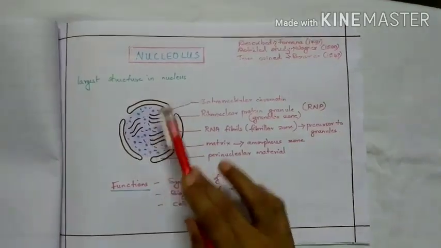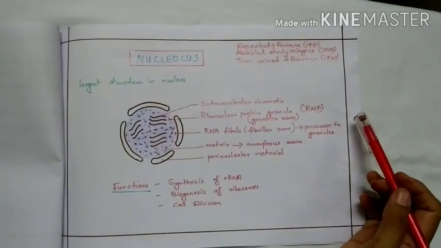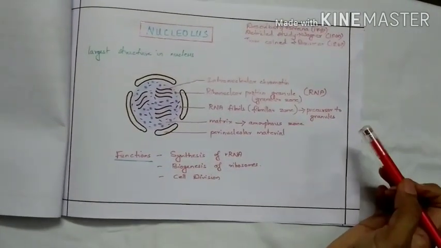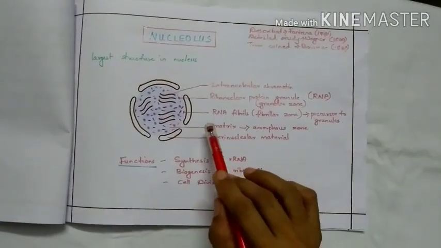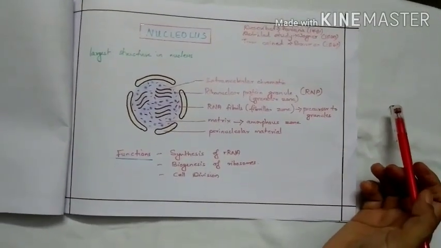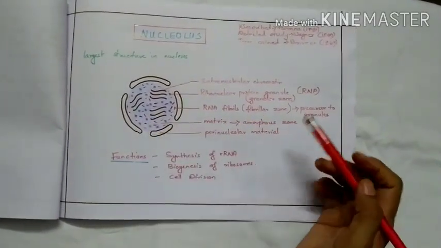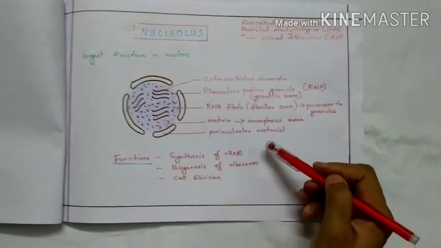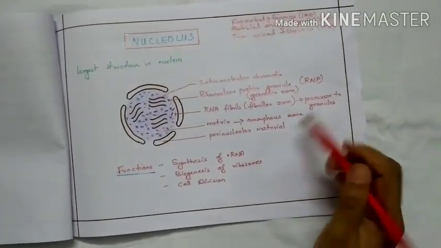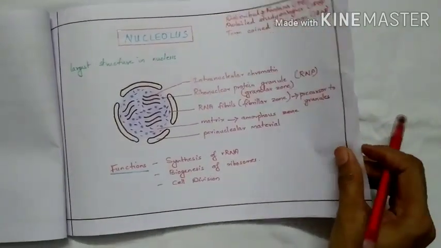And RNA fibrils too are seen in this particular region. They are the precursors to the RNP granules. The function of the nucleolus is the synthesis of ribosomal RNA, biogenesis of ribosomes, and also it is associated with cell division.